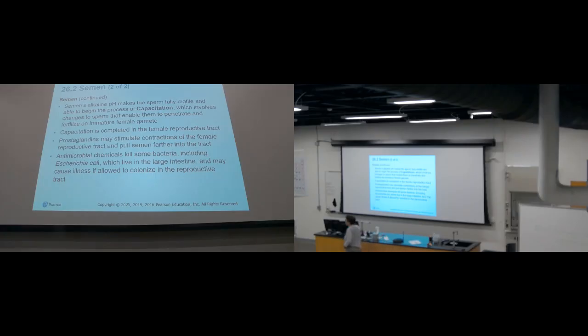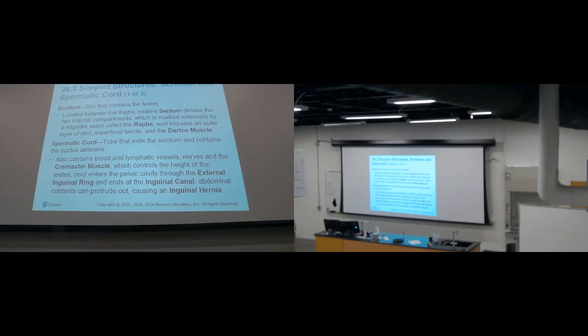And then you have prostaglandins that stimulate the contraction of the female reproductive tract, together with oxytocin, which helps to move the sperm farther into the tract. And again, you have the release of antimicrobial chemicals to prevent damage to the sperm cells. Questions?